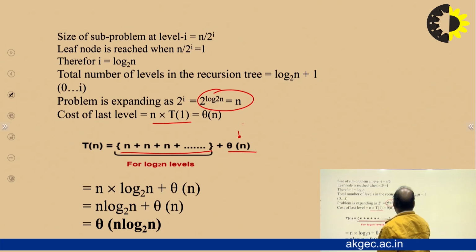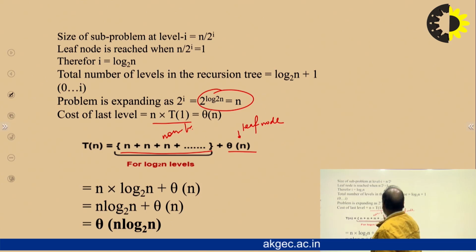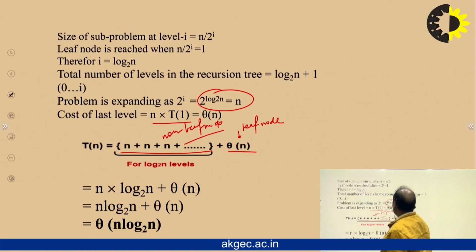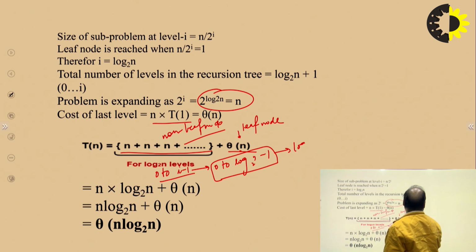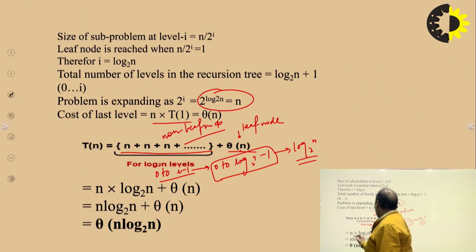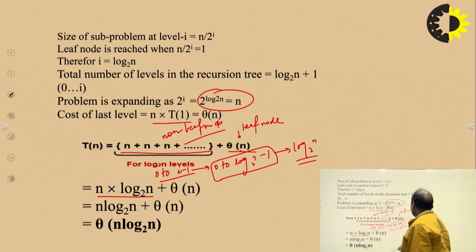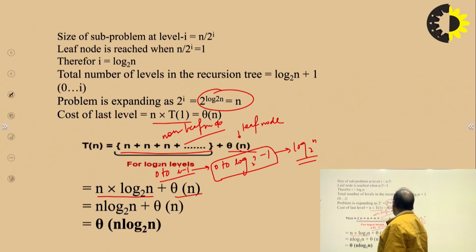So if you add them together, n is added how many times? 0 to i minus 1. They are the non-leaf nodes. So 0 to i minus 1 means log n base 2 minus 1, so this will become log n base 2 times. So this actually is n into log n base 2, and this is the cost of the leaf node.